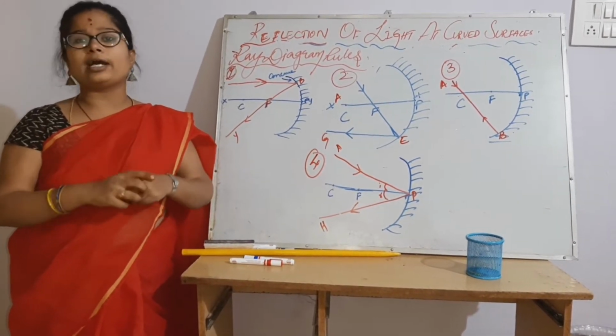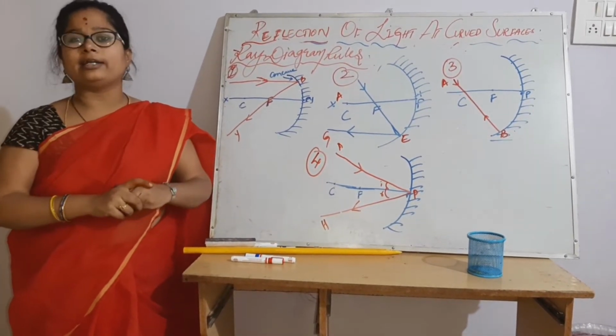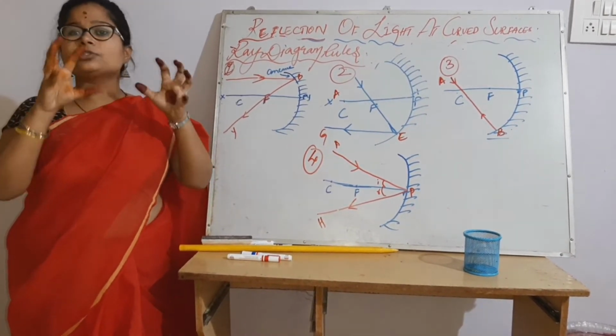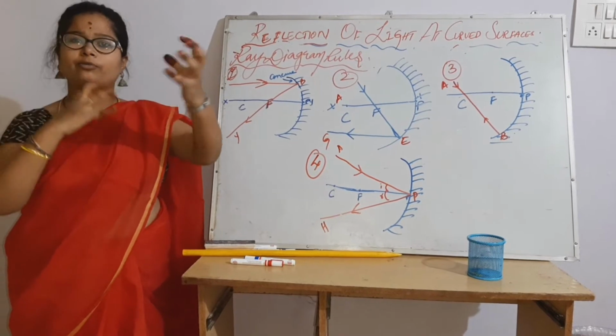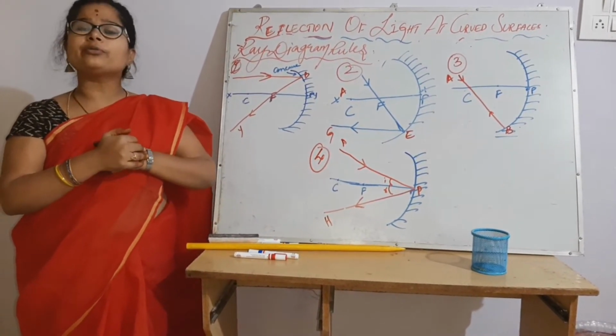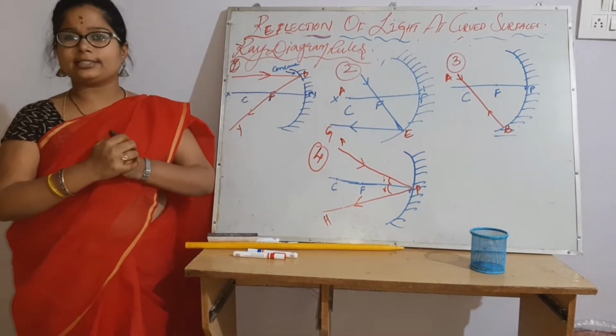Before that, I want to clarify one thing. When you take a source, so many rays come out of it, and we are going to take only one or two rays.